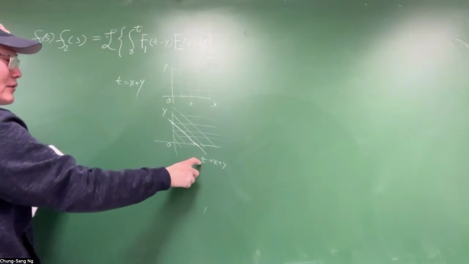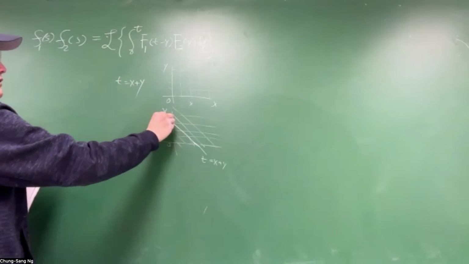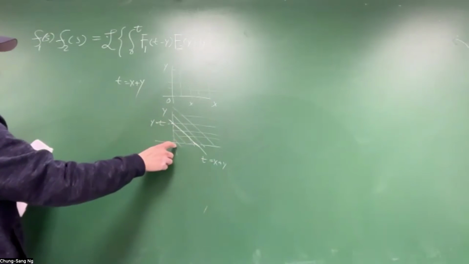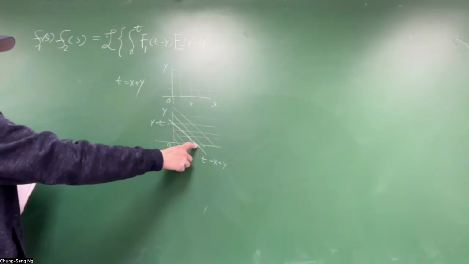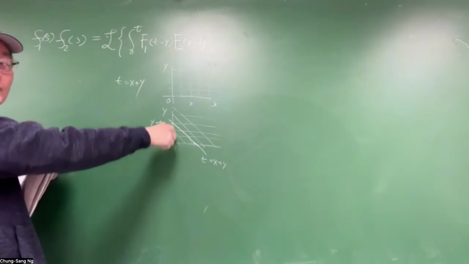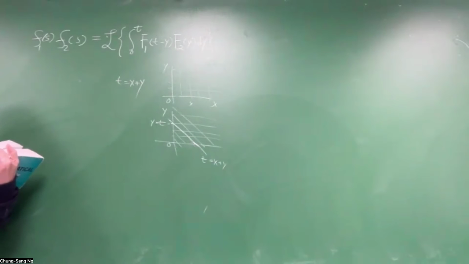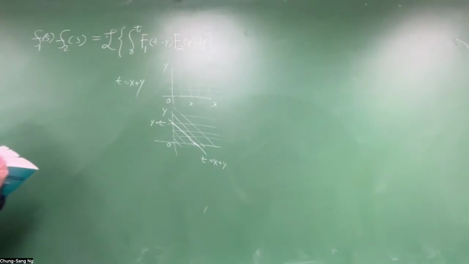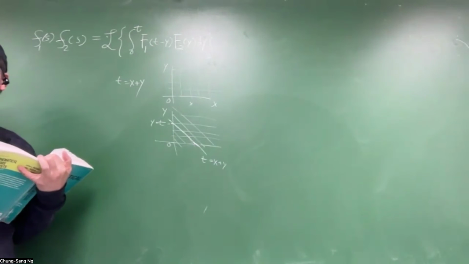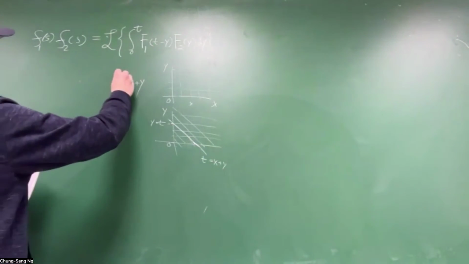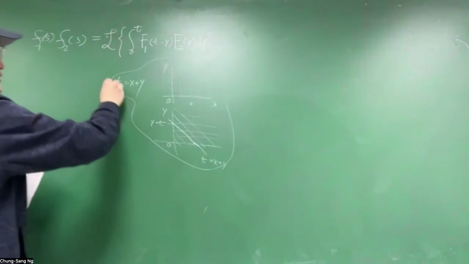So this value is y equals t. To integrate for a given t, you integrate just from 0 to t, instead of 0 to infinity. So that is how you get this 0 to t. Is it clear here? That is just from the change of variable.